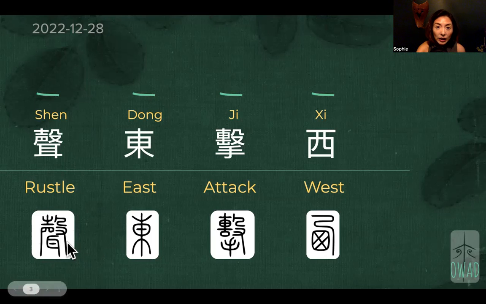And then the left side is the material of this whole top thing. It's an ancient instrument. That instrument was set up on a wood frame. Lots of times when you see instrument-related characters, they have the wood frame, something about the wood in there, made from the wood. And this structure is like a stand, right? And then there are two hollows on the stand, and that's how the instrument looks.